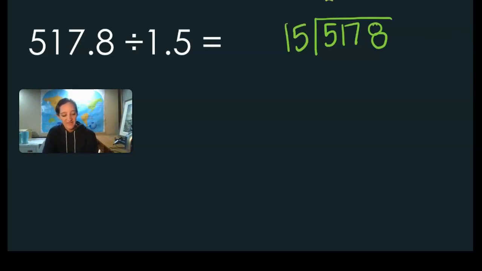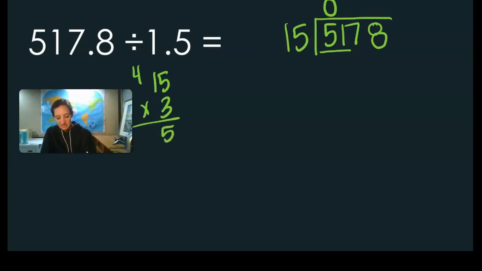So if I have 5, that will not go in with 15, but 51 will. Over here, I think it's going to be 3 times. 3, 4, 5, 6, 7, 75. Oh, that's too big. Okay, let's try twice. Hold up. I did that wrong. That's estimating in my head. I was like, that's not right. All right, let's try that again.